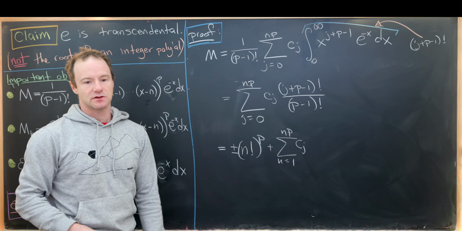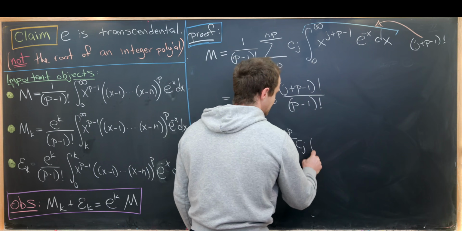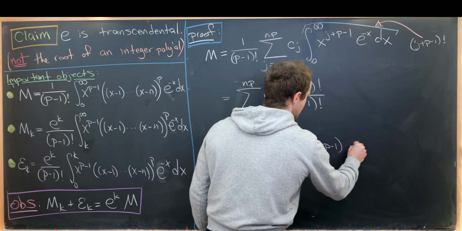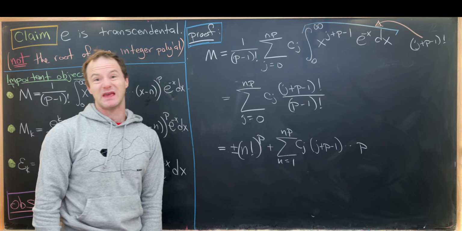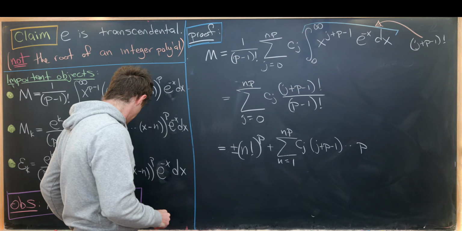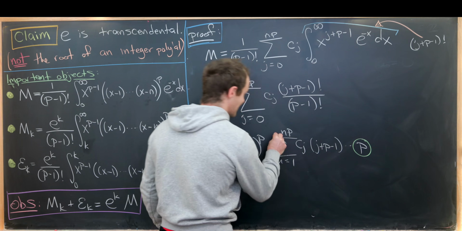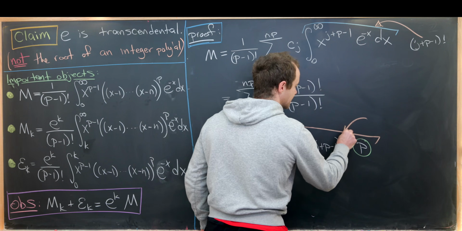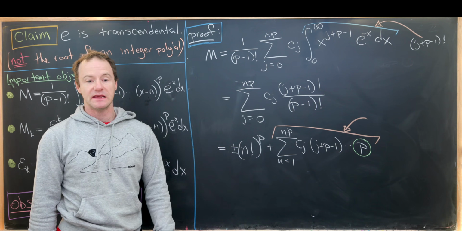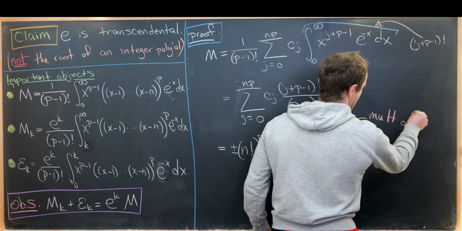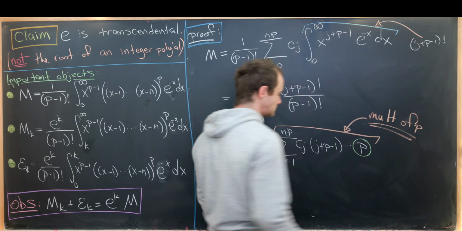And now I'll cancel all of those that I can. So this is a descending product starting at j plus p minus 1, ending at the number p. The very important thing here is that it ends at the number p. That makes this whole thing a sum of things that are multiples of p. In other words, this term right here is a multiple of p.